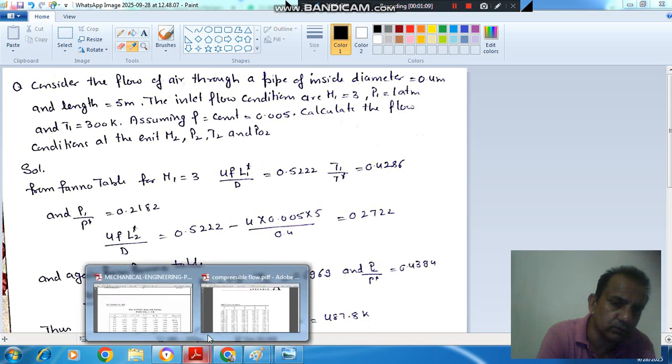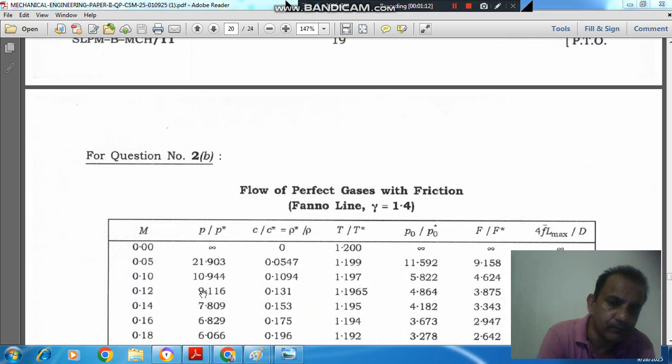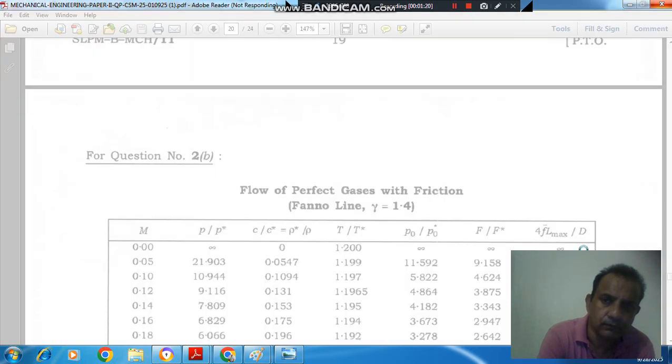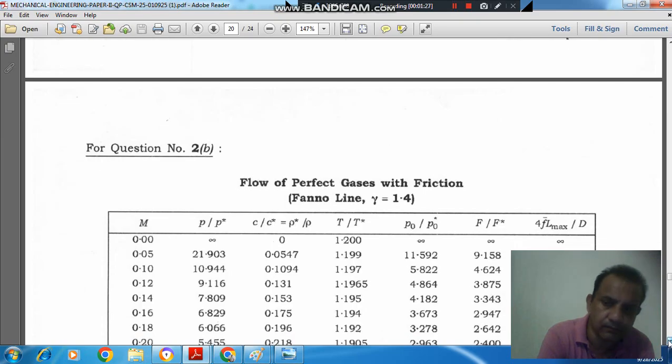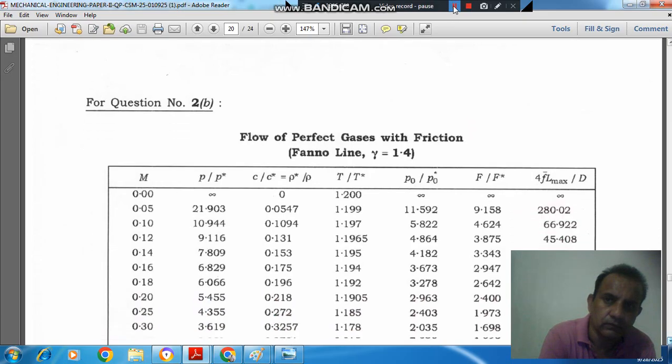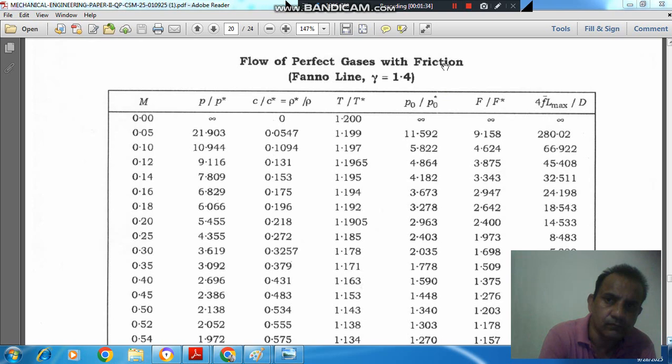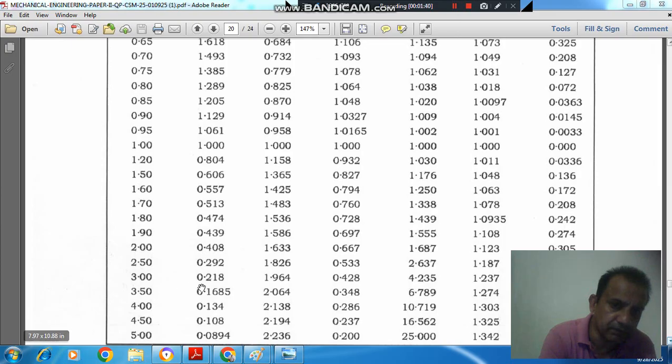This is your Fanno table, and this is the initial Mach number 3 value, and here we can note down various values of properties.